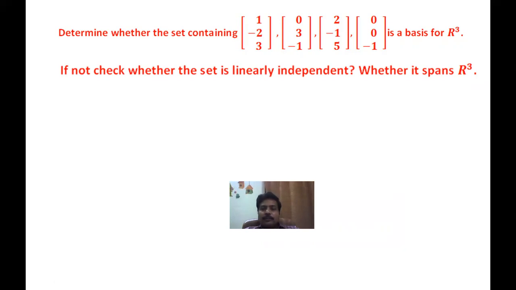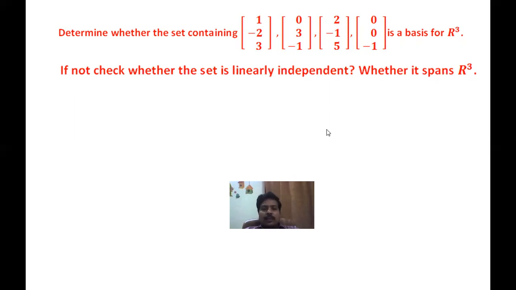So we know that whenever there are more vectors than the entries in a vector, the set is linearly dependent. A linearly dependent set cannot form a basis. So it is not a basis.